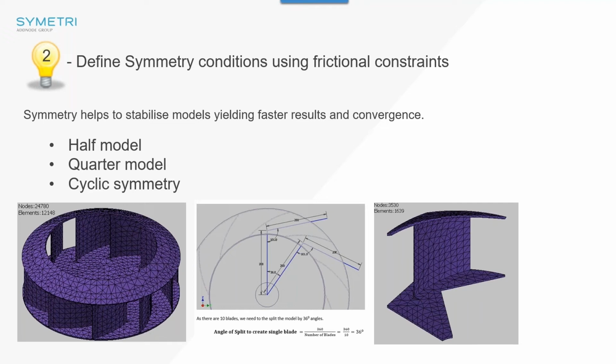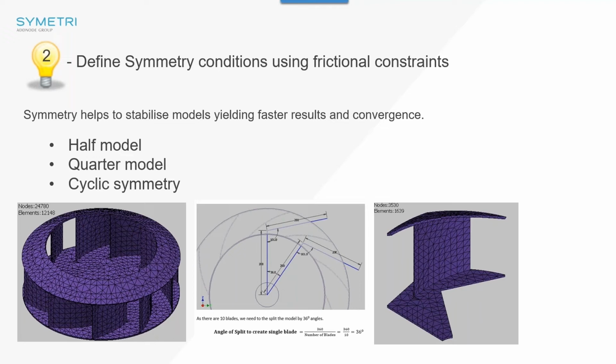This is an example where we have about 10 blades. If you do the whole fan, it's about 12,000 elements, and if you do one blade or one portion of the fan, it's almost 1,600 elements. So you can do it.